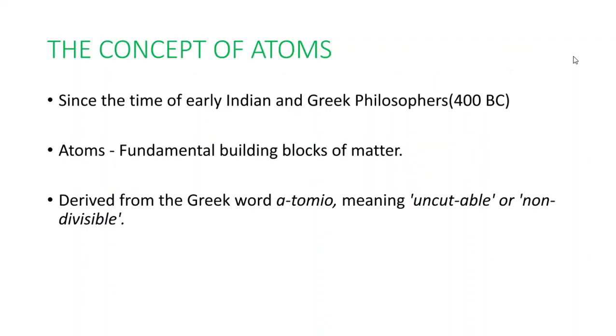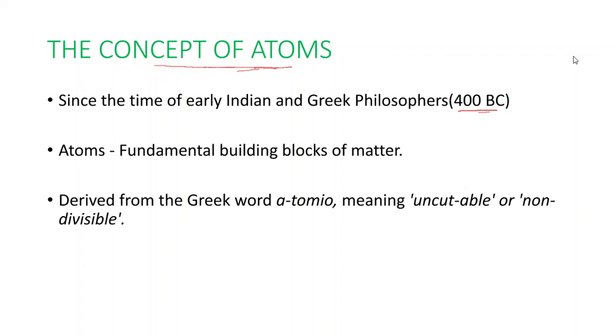So the concept of atoms. When was this concept of atoms proposed? When do you think people thought of these atoms? Yes, people thought of this concept of atoms around 400 BC. So this concept of atoms is not a recent study.